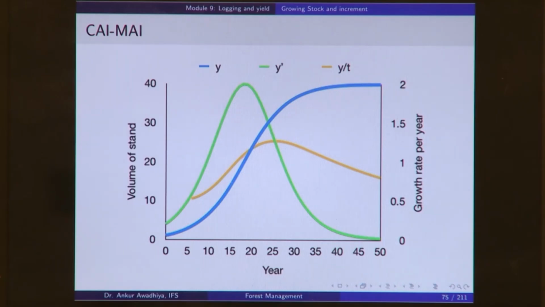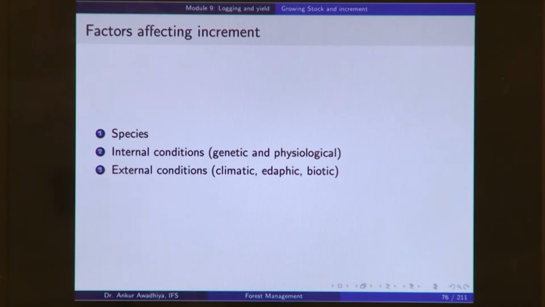Now, the increment is not the same for every species, it is not the same for every site. It depends on the species. There are certain species that we call fast growing species. So, species like eucalyptus or poplar, these are the species that grow very fast.